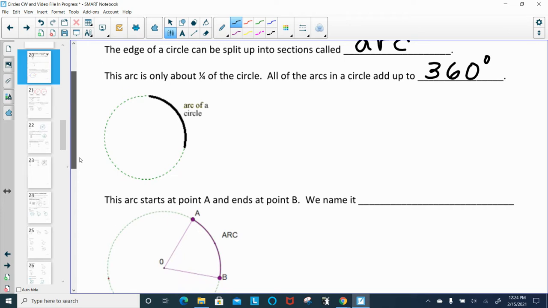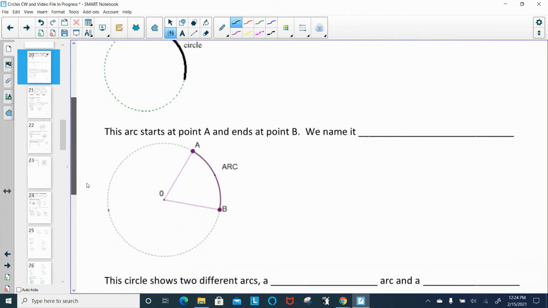Now, if you look at the picture about midway down, it shows you an arc starting at point A and ending at point B. And we will name this arc AB with a little arc above the two letters.